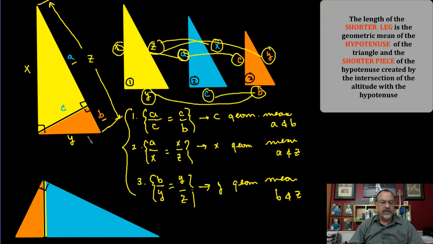And then the other leg of the triangle is the geometric mean of this little piece that's connected to it, along with the entire hypotenuse of the original triangle. Okay, so those are the three relationships that we need to know, and those are the relationships that are created when we draw an altitude to the hypotenuse of a right triangle.